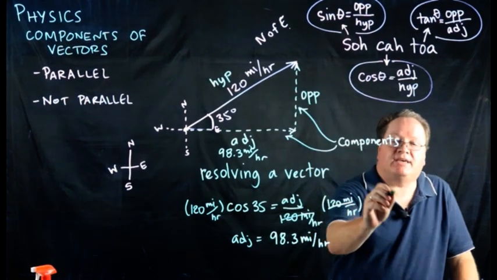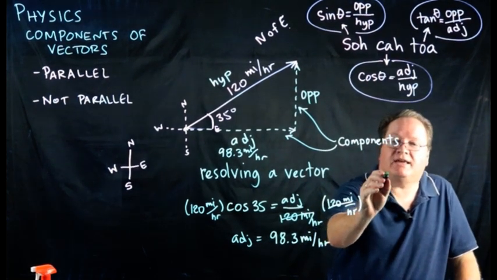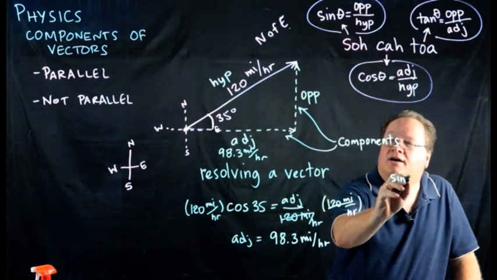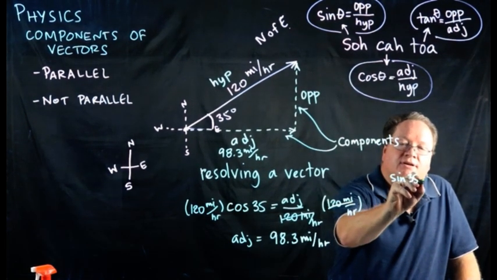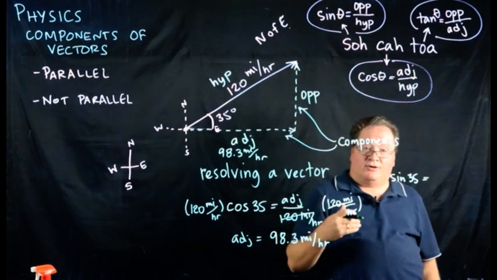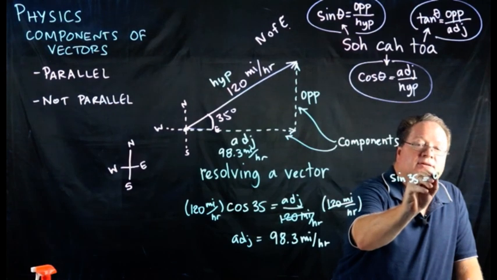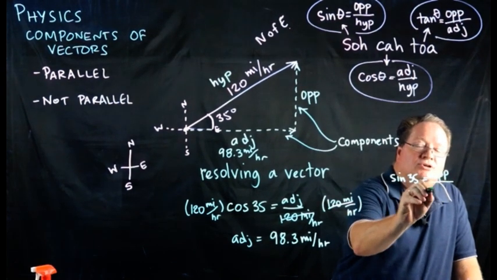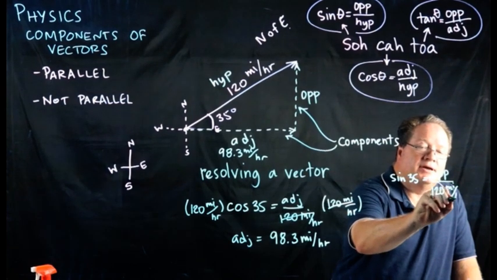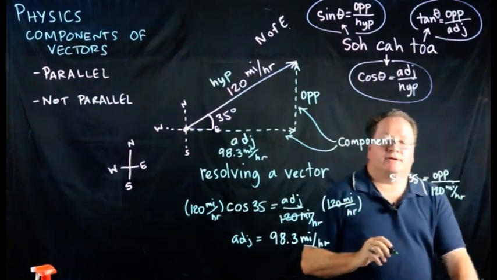So what I would say here is that sine of 35 would equal, if you look at it, opposite over hypotenuse. We don't know opposite. But we do know the hypotenuse is 120 miles per hour. Okay.